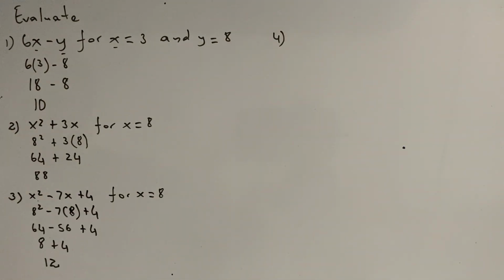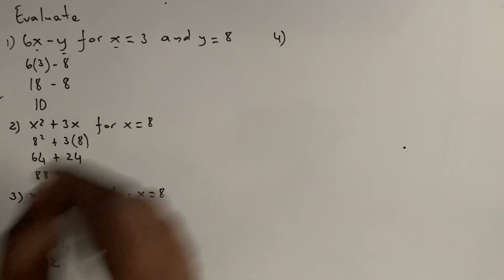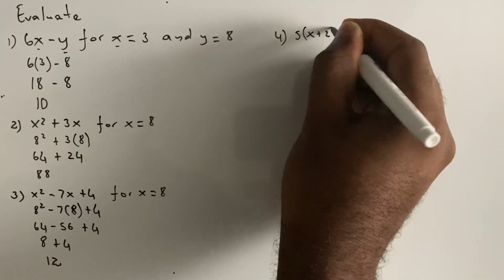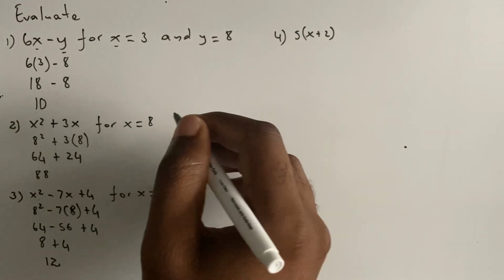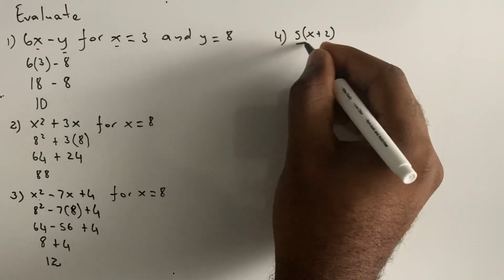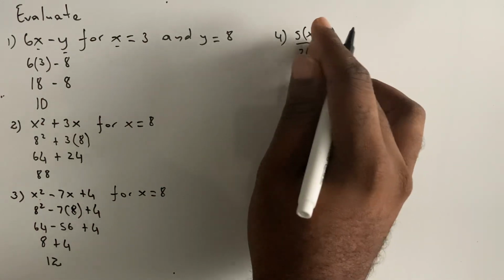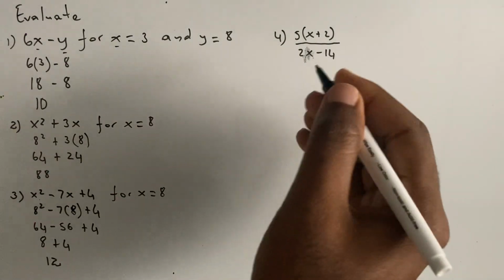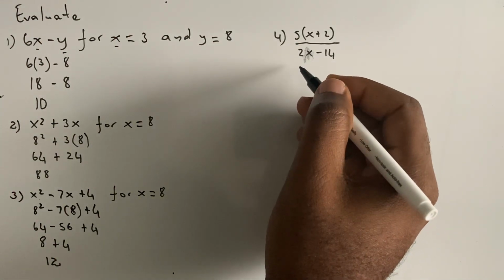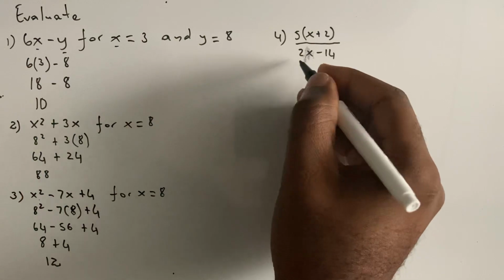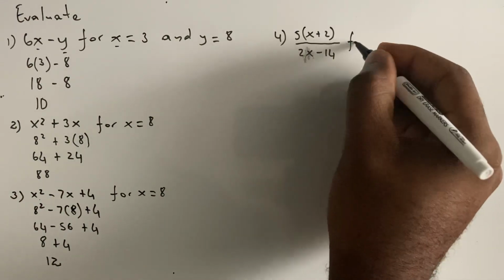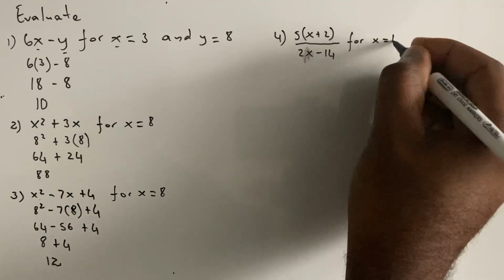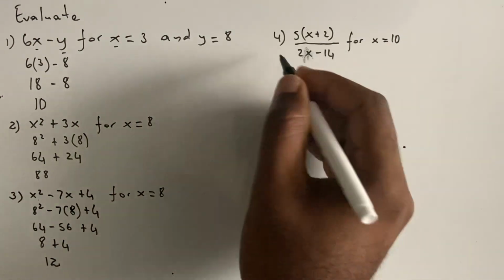Let's say we have 5 times x plus 2, over 2x minus 14, for x equals 10. Now I just replace x by its value.